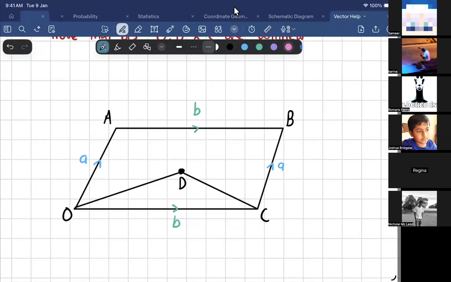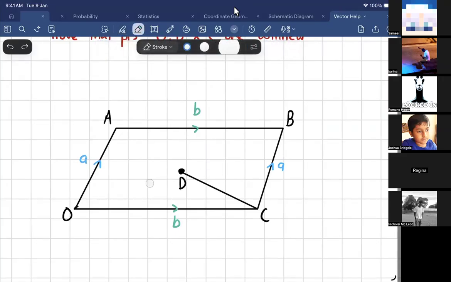They could tell you this is vector C or something. Actually, let me just show you what will happen. They would give you a parallelogram, and they might give you a random point in the center. They will say that's the midpoint.